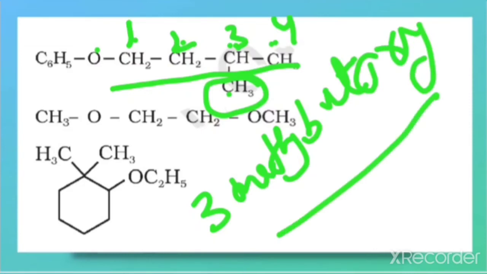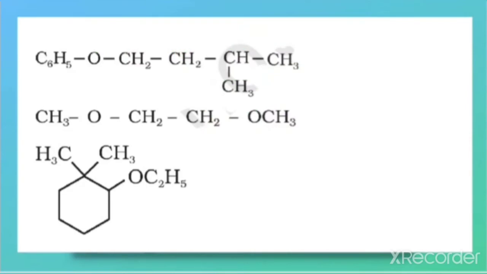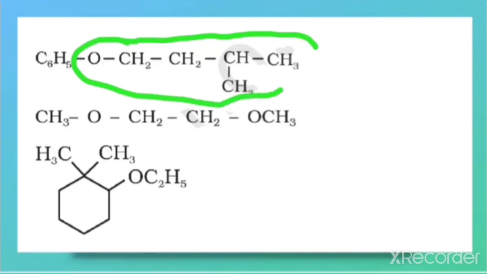So what is the name of the substituent? That is 3-methylbutoxy. Once again look at how the structure comes, because this is taken as a substituent here. This one is taken as a substituent, but here the 4 carbon is a straight chain with one branching at the carbon.